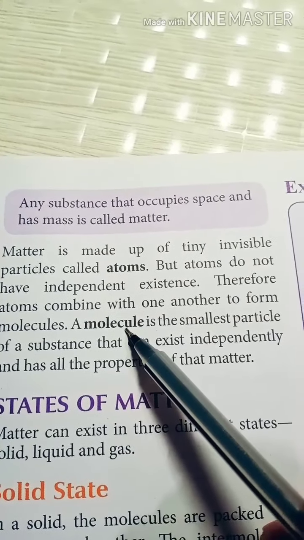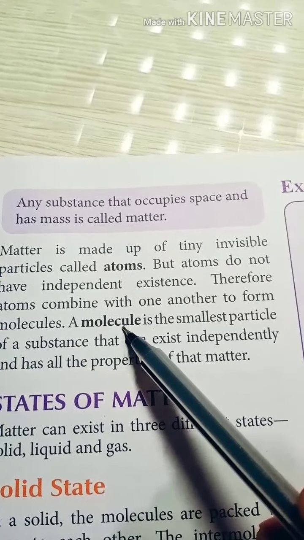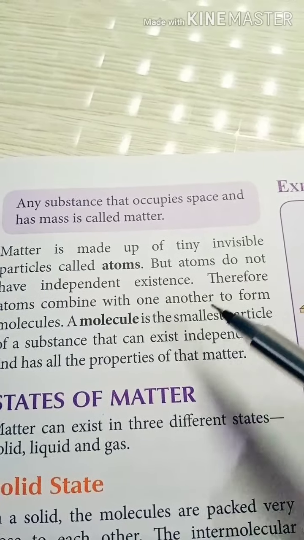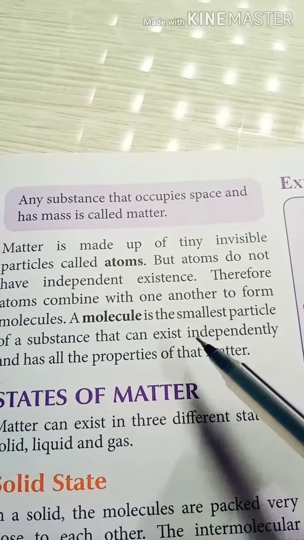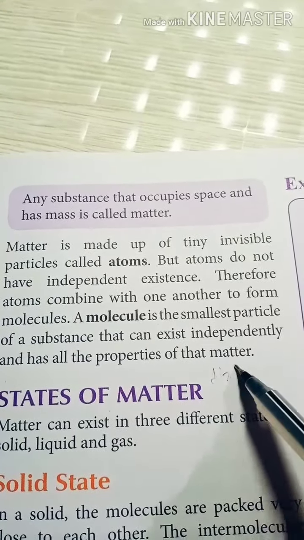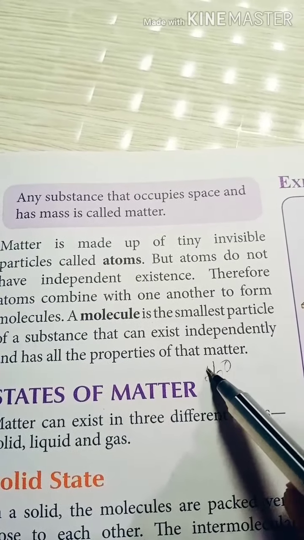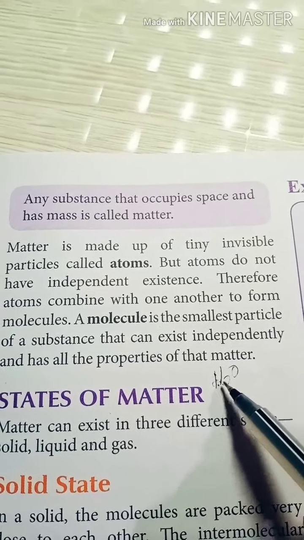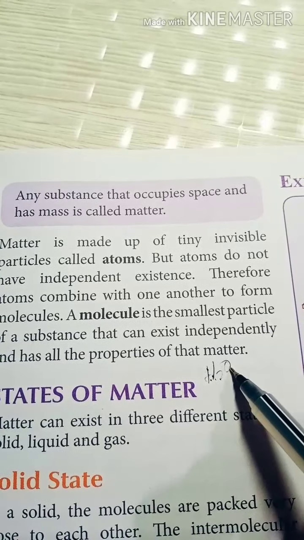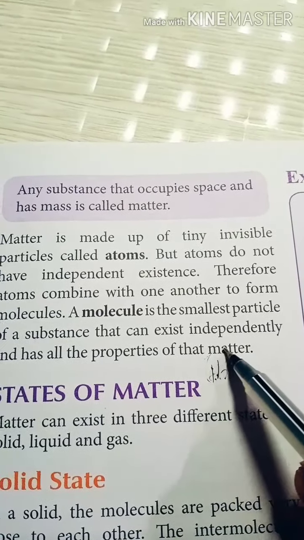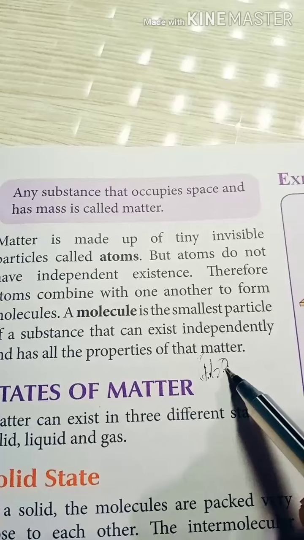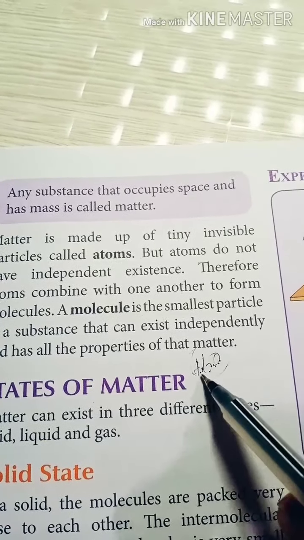Clear? In the last chapter we discussed different types of molecules and compounds. What is the formula of a water molecule? H2O. H2O means how many atoms are there? Two atoms of hydrogen, one atom of oxygen, so there are 3 atoms combined to form one molecule.